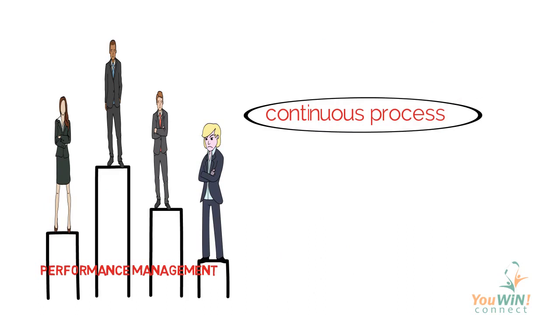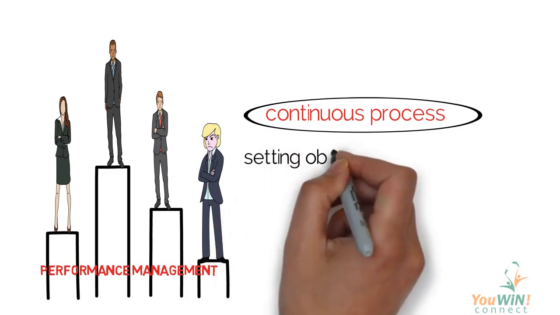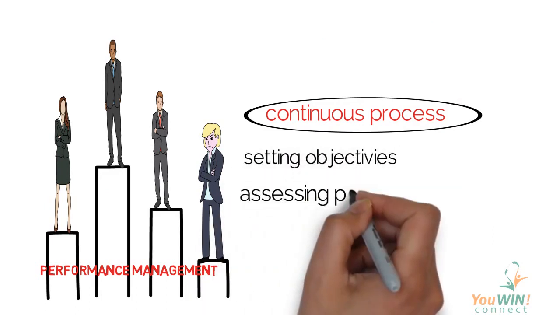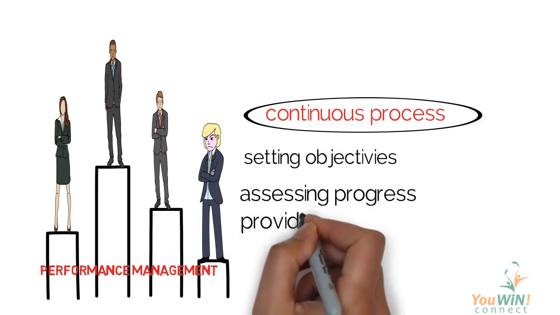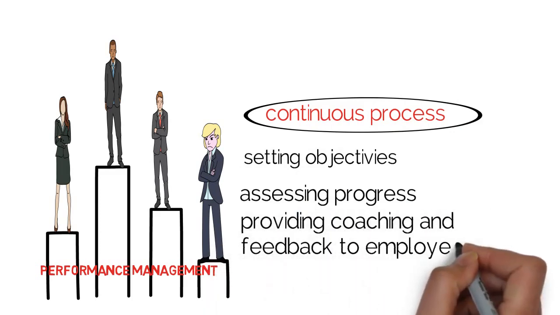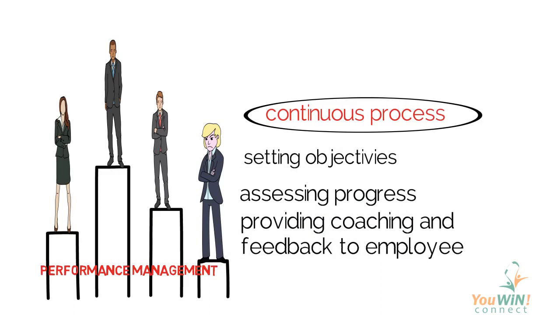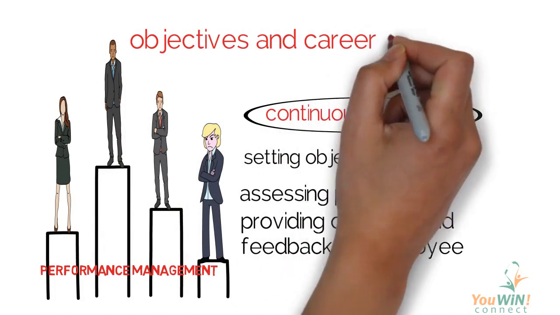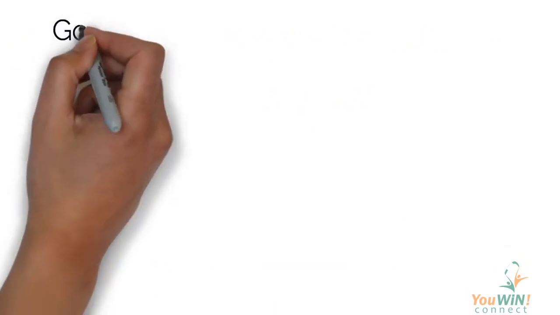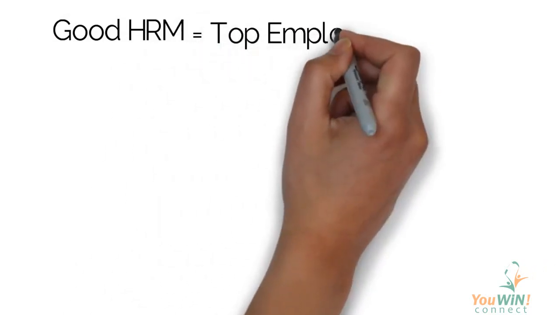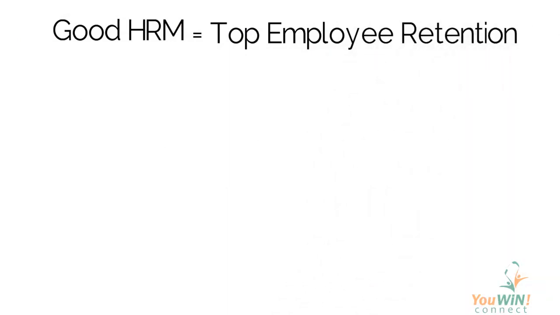It is, however, a continuous process of setting objectives, assessing progress, and providing ongoing coaching and feedback to the employee to ensure that employees are meeting their objectives and career goals. When you have a good HR management in position, you will have top employee retention.